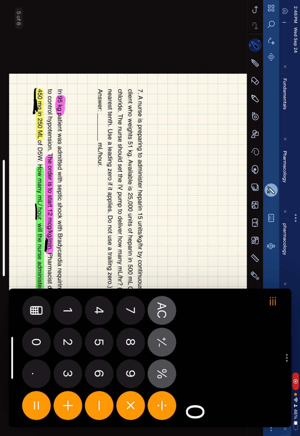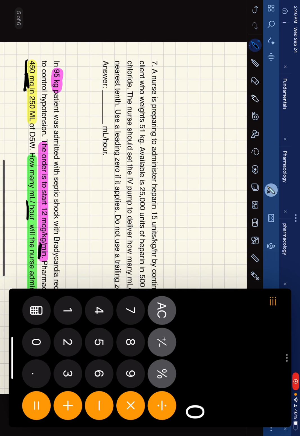So the patient weighs, this is how I do it in my head with the calculator, okay? It's not like it's right or wrong. This is just how I figured it out, how it's easier for me. I'll look at the question, read it, see what it's asking for, and then I'll start wording it out. So the patient's 95 pounds or kilograms, and the order says 12 micrograms times 12 equals 1,140.